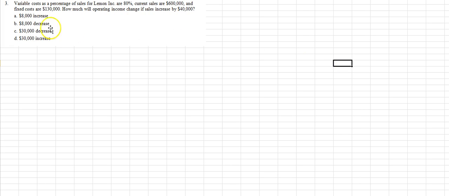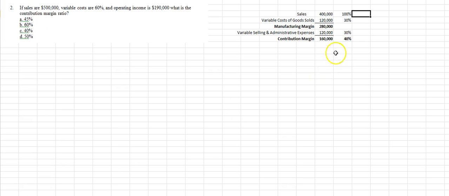Okay, so it says variable costs as a percent of sales for Lemon Inc. are 80%. So we could go back here and take a look at this, and what they're saying is variable costs, they're putting both these together, and they're saying that it's 80%. If I do 150, what am I going to get here? Not quite 40. I'm trying to get 40%.